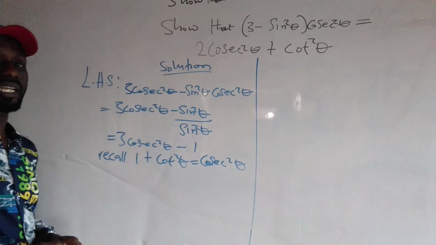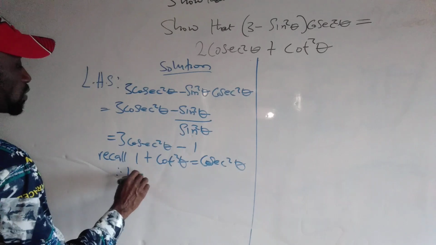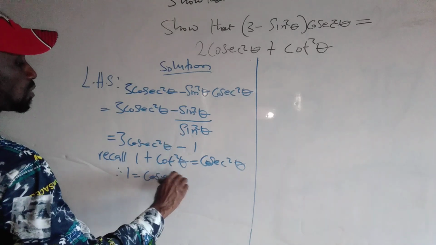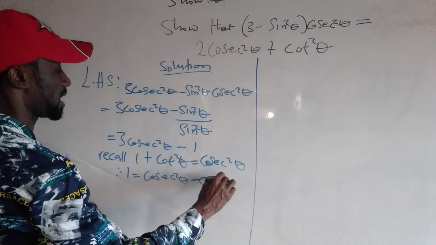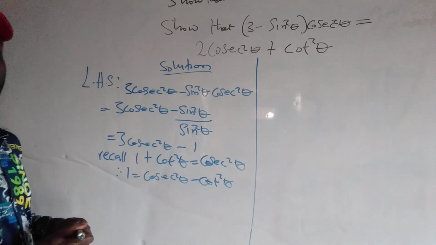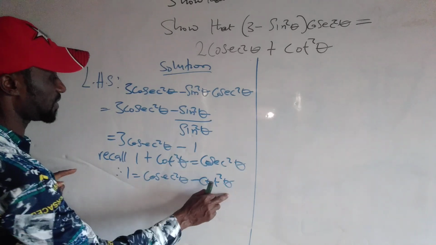If you can recall this identity, we can make 1 the subject of the equation, which gives us cosec square theta minus cot square theta. So with this identity, you see that 1 is equal to the whole of this.